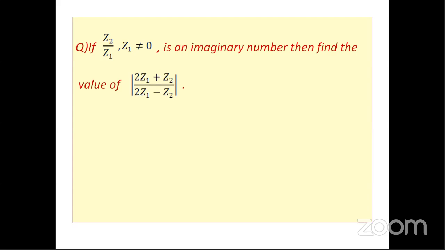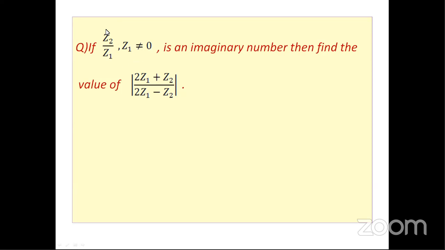Before we get into the solution, we will see in detail what exactly the question is telling you. z2 is a complex number. z1 is also a complex number. The condition on the denominator is z1 is not equal to 0. When your denominator is 0, you cannot define this number, isn't it? So he is specifically mentioning z1 is not equal to 0.